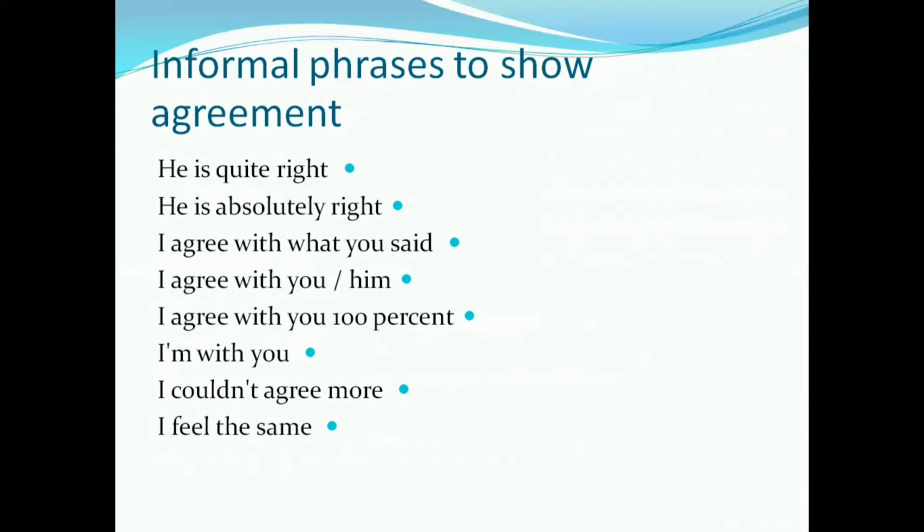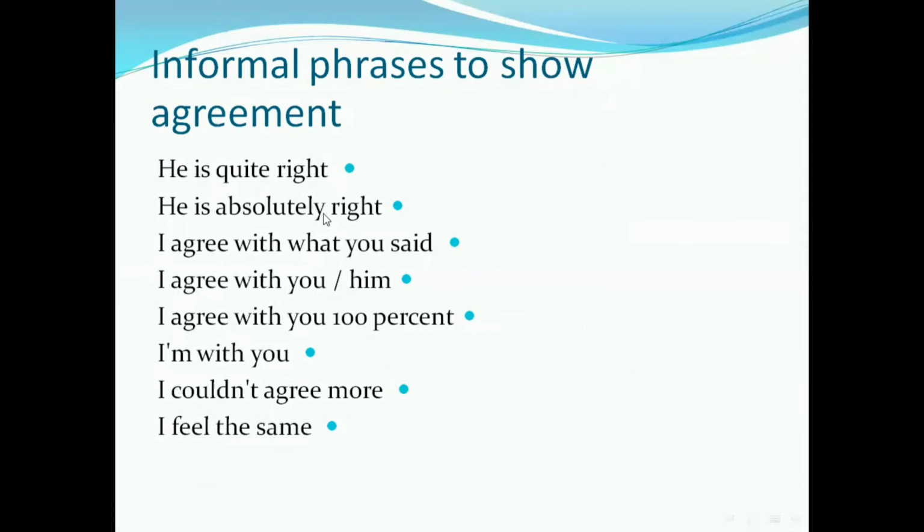We can use one of these informal phrases. He's quite right. He's absolutely right. I agree with what you said. I agree with you. I agree with you 100%. I will give you examples for each one of these in the next slide. I'm with you. I couldn't agree more.